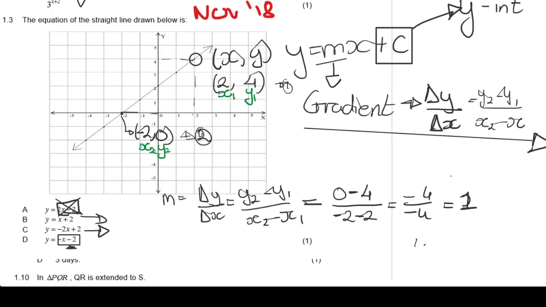So therefore, if we use y equals mx plus c, our m will be equal to 1, and our c will be equal to, what's the y-intercept? 2. So it's equal to this, which is equal to c, which is equal to b. And there you go.